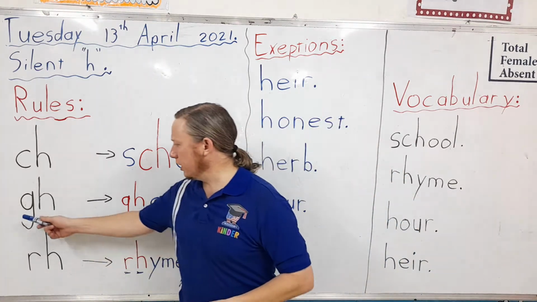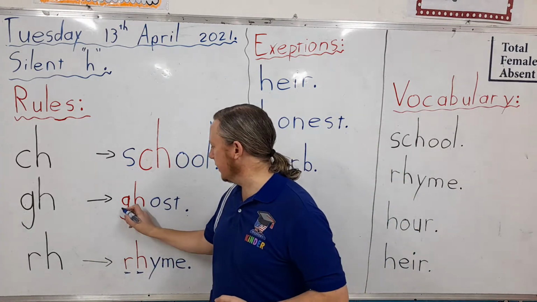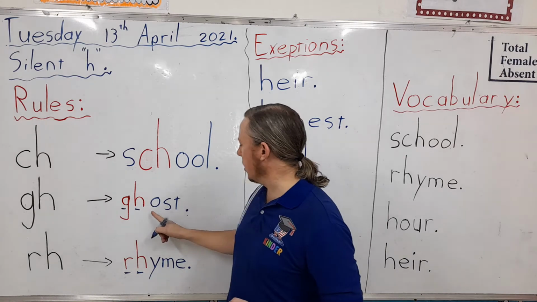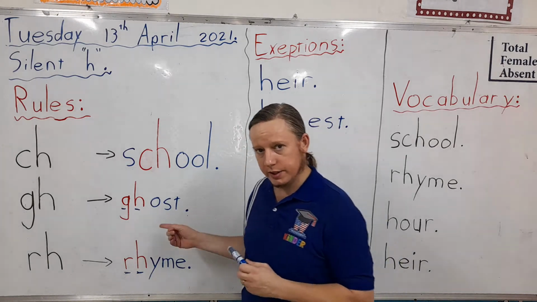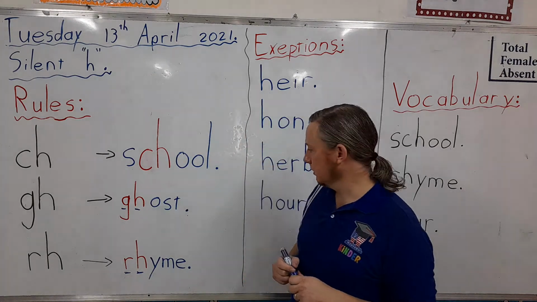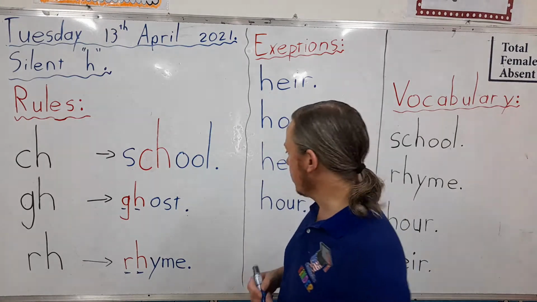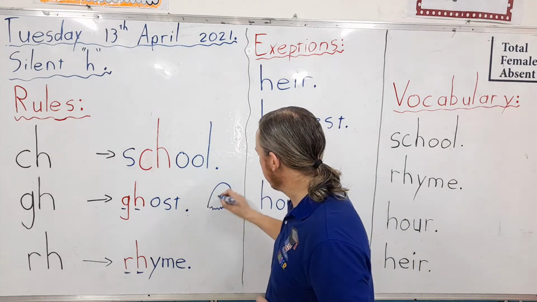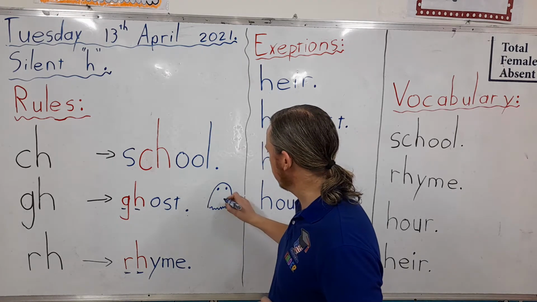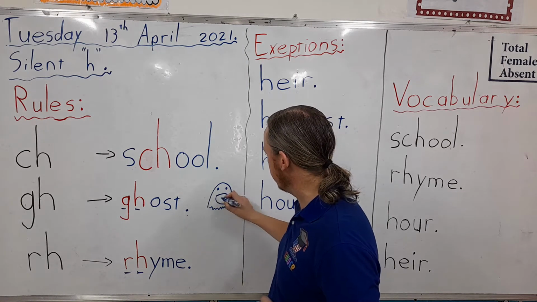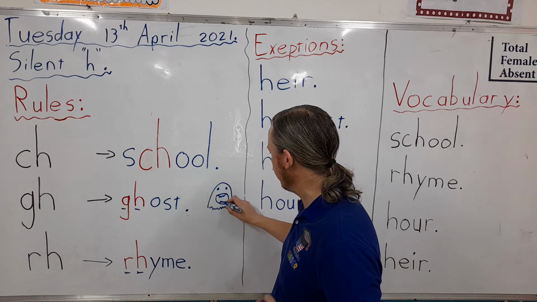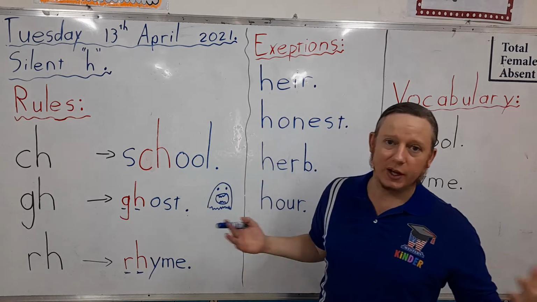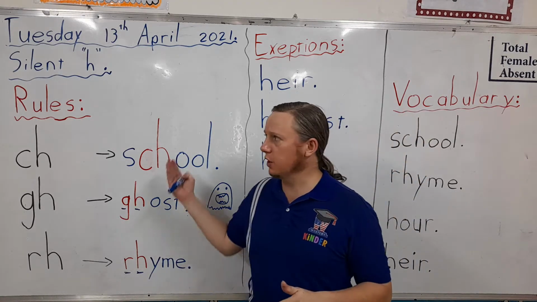Okay, next one we've got GH and I've got it here in the beginning, G-H-O-S-T. Do you know this word? It's a ghost. You know a ghost, boys and girls? Some spooky, scary little thing that'll chase you around at night and he screams and he shouts with his scary mouth. Okay, a ghost. Scary things that can go through walls.